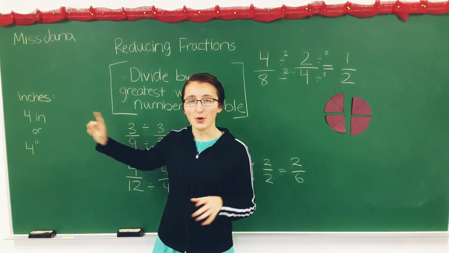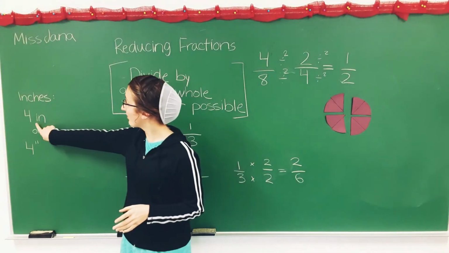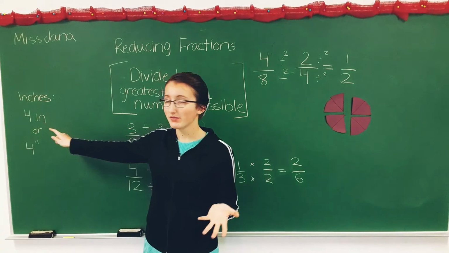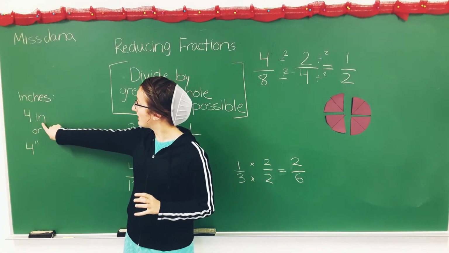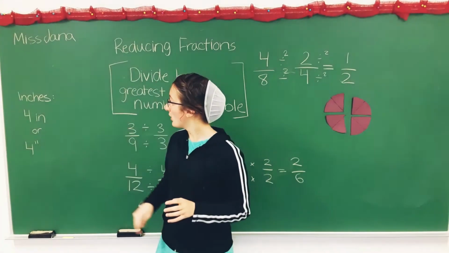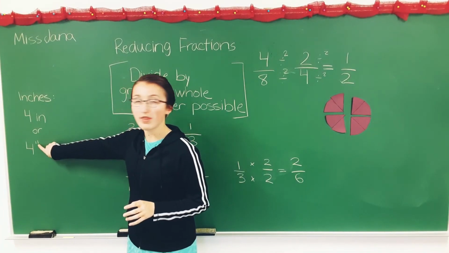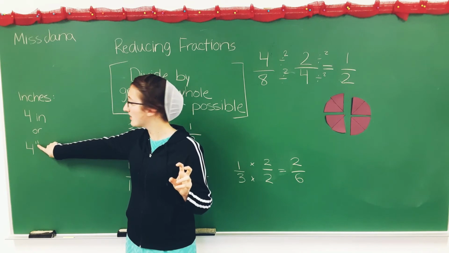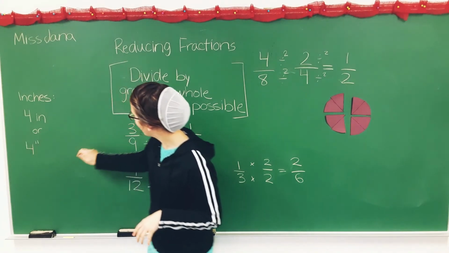There's also something you need to know about inches. You can write 4 inches. I'm just using 4 for now, but you can label inches IN, right? You can also label inches with quotation marks, almost, with 2 lines.